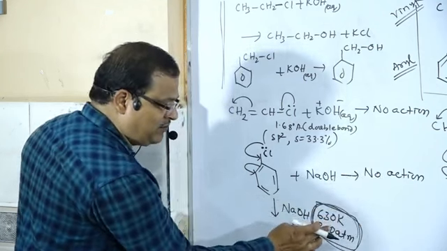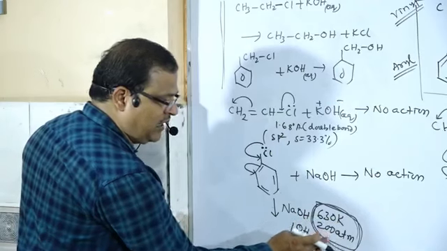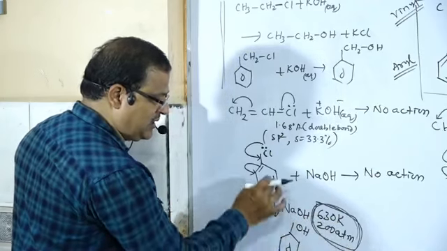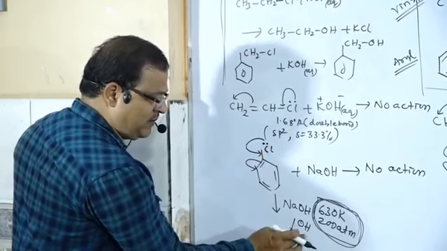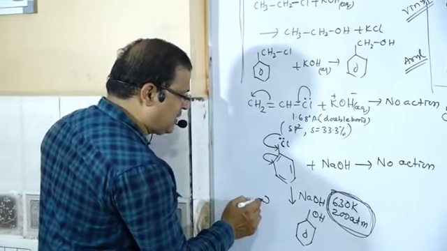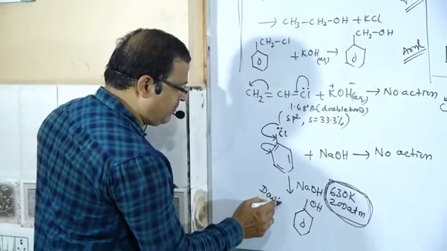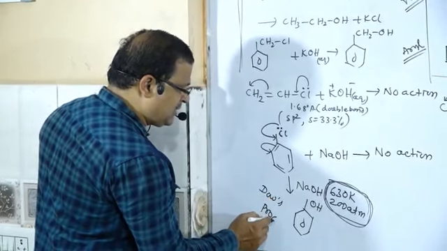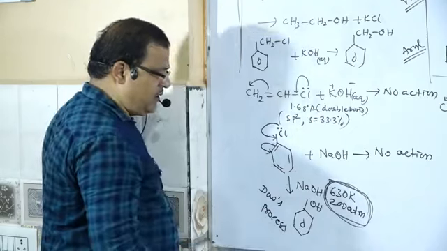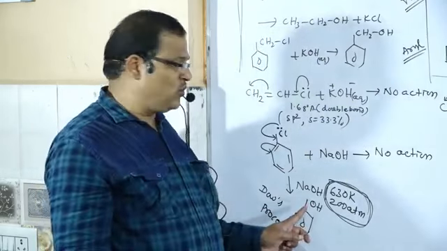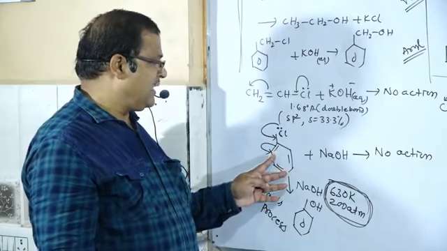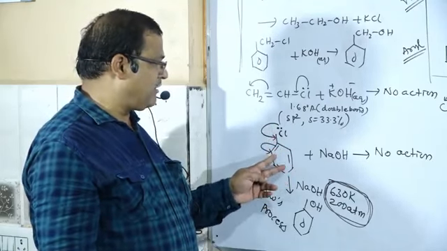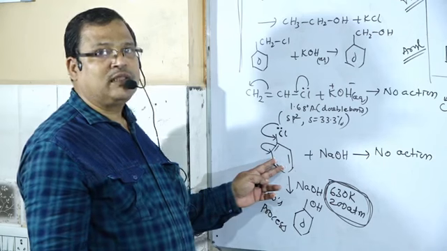But if you apply a temperature of about 630 Kelvin and 280 atm pressure, this reaction will take place where the chlorine atom gets replaced by OH. That is the Dow process for manufacture of phenol from chlorobenzene. So this reaction clearly explains the inert nature of the chlorine atom in chlorobenzene, that is, aryl halide.